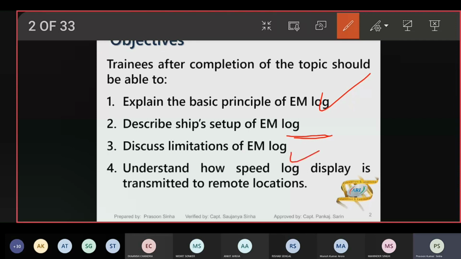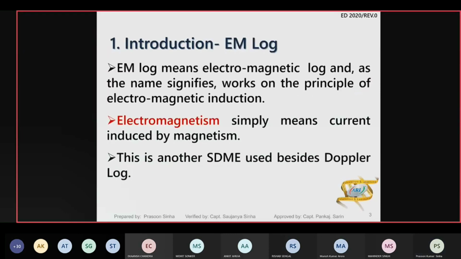Then we talk also about the limitations, and there is one factor that we'll talk about later, how to take the speed display to different locations. So just read through quickly. So that we are officially done with the topic. But हमने discuss कर लिया at length, in detail we have discussed this.